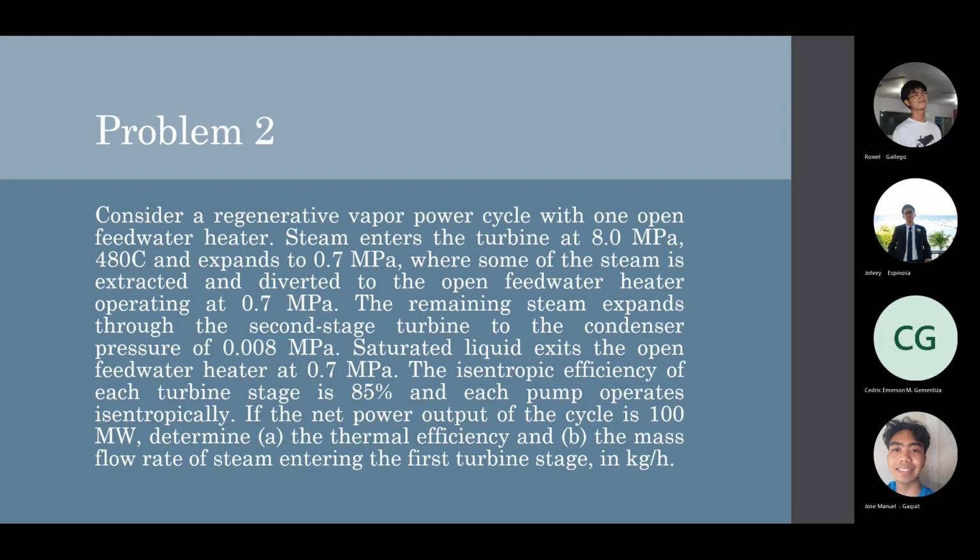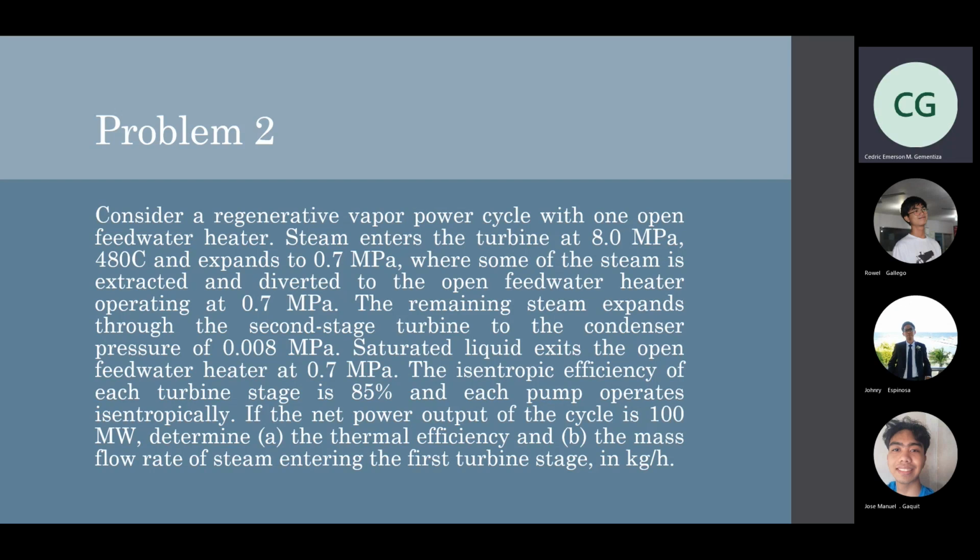The next is problem number 2. Consider a regenerative vapor power cycle with one open feedwater heater. Steam enters the turbine at 8.0 MPa, 480 degrees, and expands to 0.7 MPa, where some of the steam is extracted and diverted to the open feedwater heater operating at 0.7 MPa.